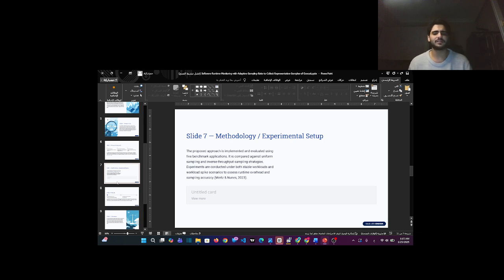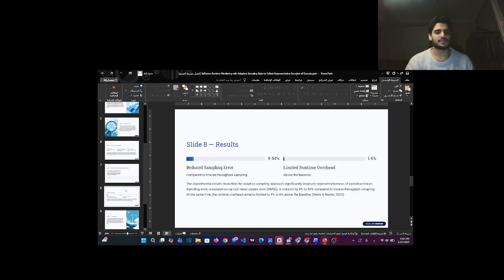The experiments are conducted under both stable workloads and workload spike scenarios. This experimental setup enables a controlled evaluation of how the adaptive approach impacts runtime overhead and sampling accuracy under realistic operating conditions.